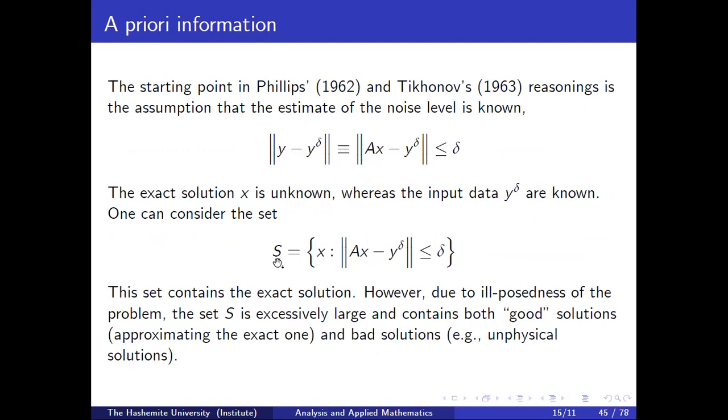So if we define this set, it is all the values of X such that the norm of AX minus Y delta is less than or equal to delta. So for sure, this set contains the exact solution and the approximate solutions. But this is a very huge set, and it contains bad and good approximations.